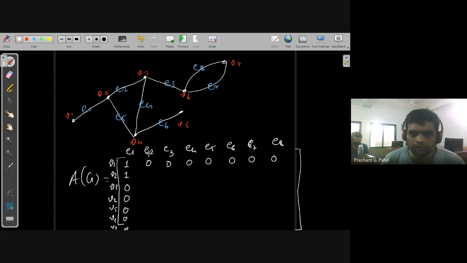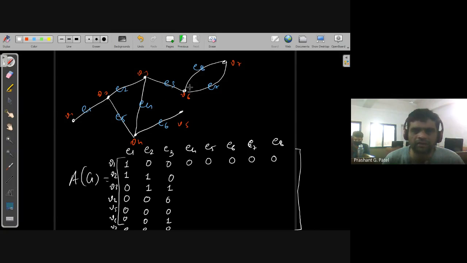For E2, E2 is incident with V2 and V3. So here 1 and here 1, and all other entries will become 0. E3 is incident with V3 and V6, so here it is 1 and here it is 1.